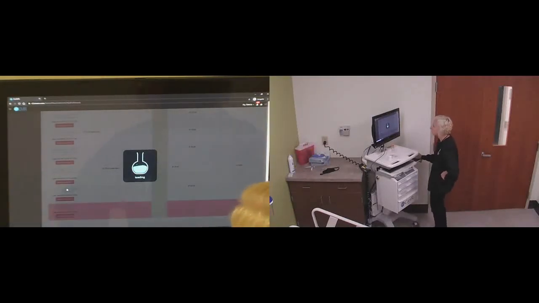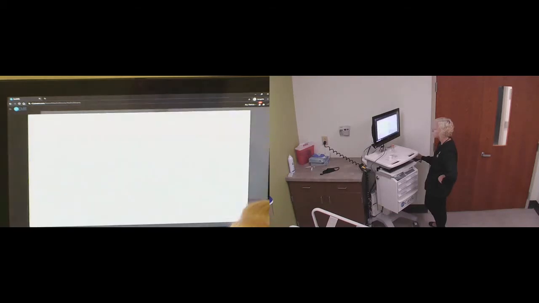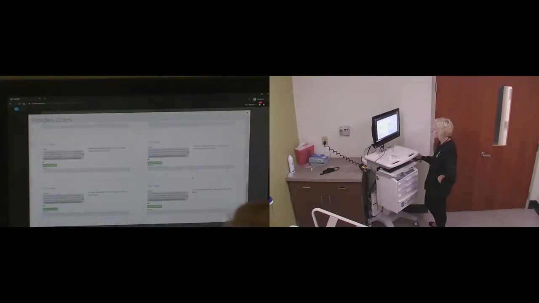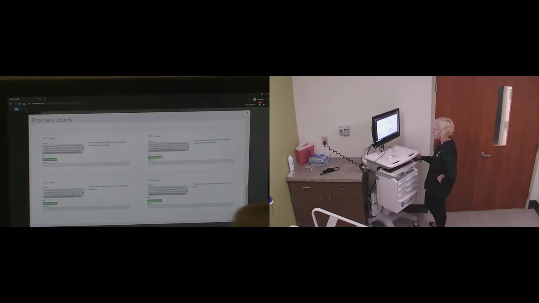I'm going to check that with my physician order just to make sure that that matches. And here I have 12 units of NPH insulin daily, sub-Q to be given now, so that matches.